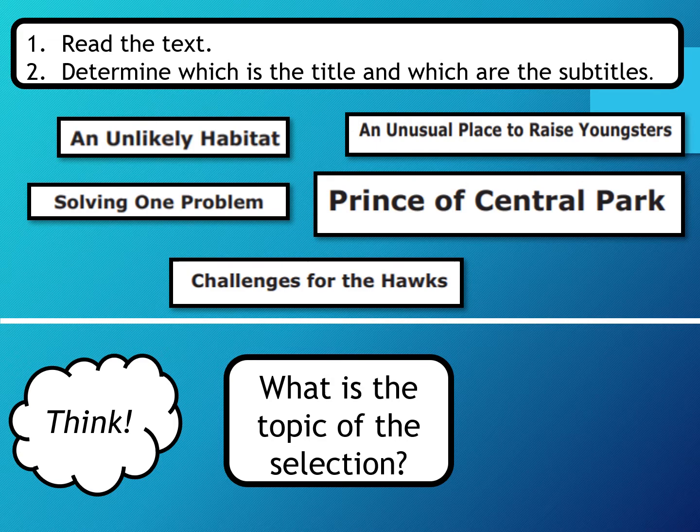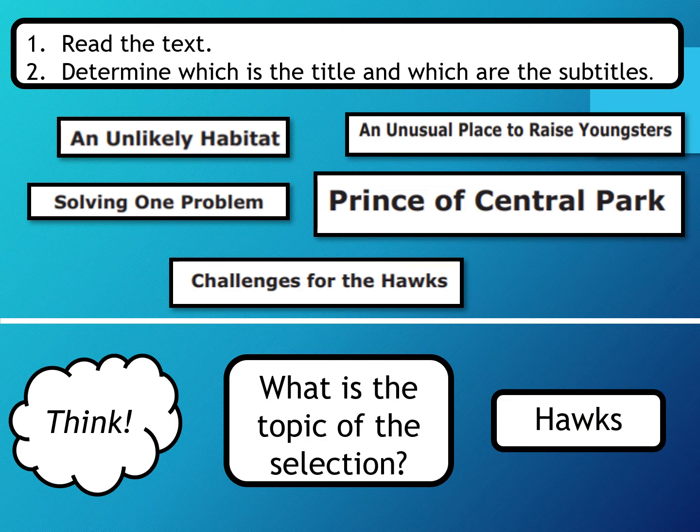Okay, let's continue. I'm guessing that one thing you definitely wrote down is hawks, among others. But the one that probably stands out most to you is hawks. You may have also written down some others. So let's continue. So there you have your titles and subtitles.